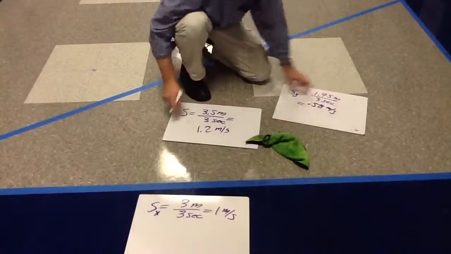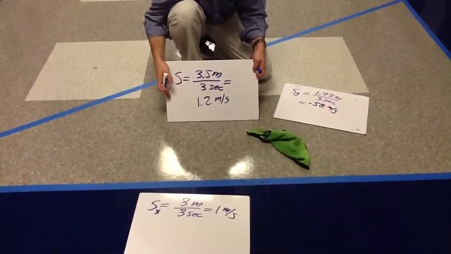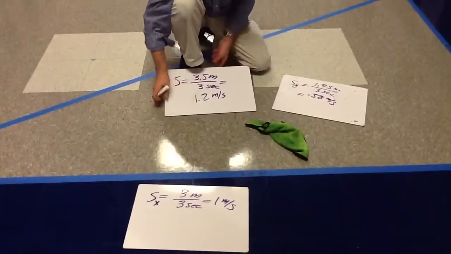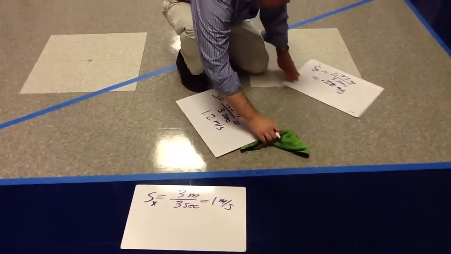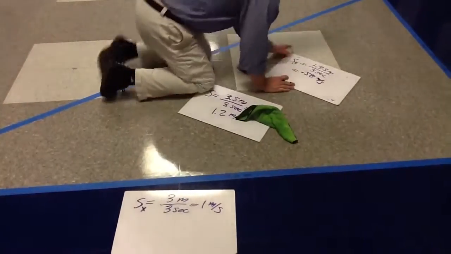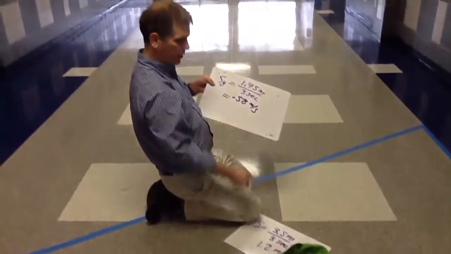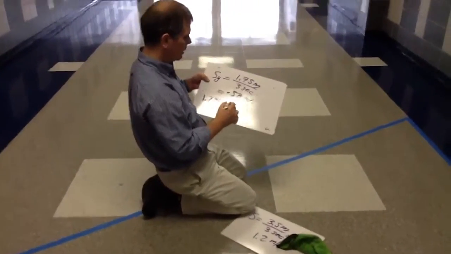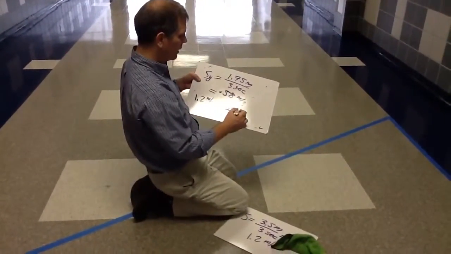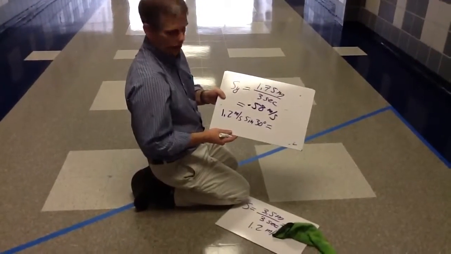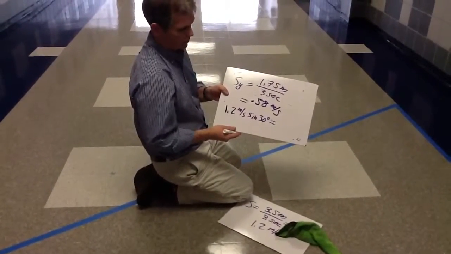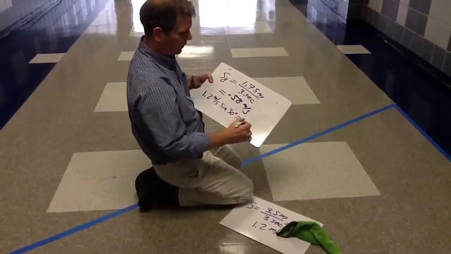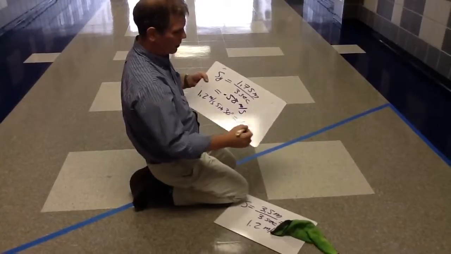Okay. Now, let's take this number, and as a big triangle, this is opposite, this is adjacent. Let's take our sine and cosine of our angle. So, if I take this, which is 1.2 meters per second, times the sine of 30 degrees, and Zach, that gives me 0.6, which is basically 0.58.